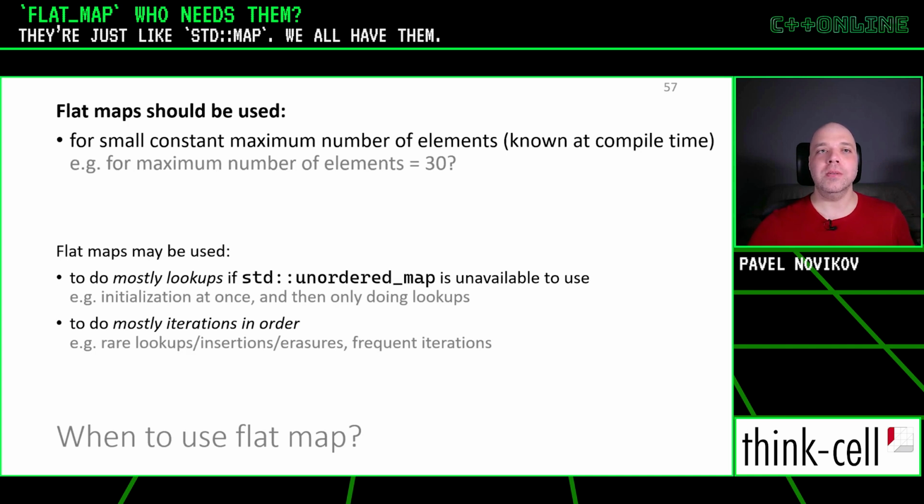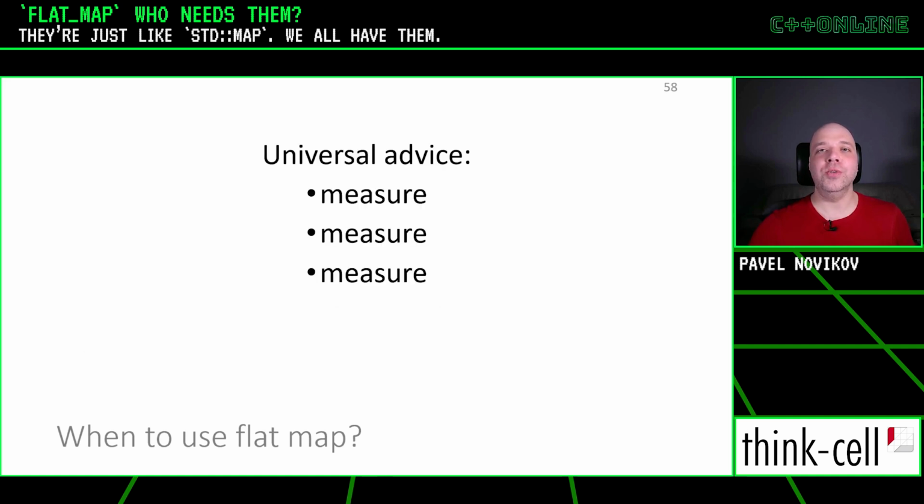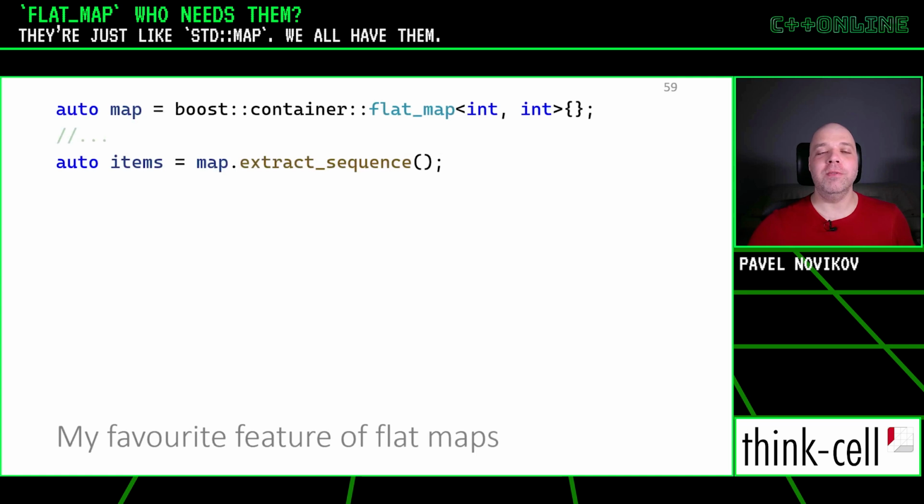So ideally you initialize your flat_map once, and then you can very efficiently iterate over elements in that flat_map, because it's backed by a vector, and vector has probably the most efficient iteration performance of all containers. So that's that. And of course, there is no universal solution or advice other than measure. So please do measure. Your mileage may vary.